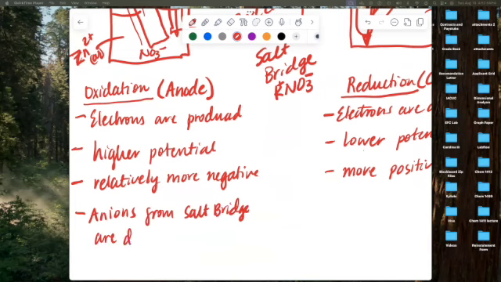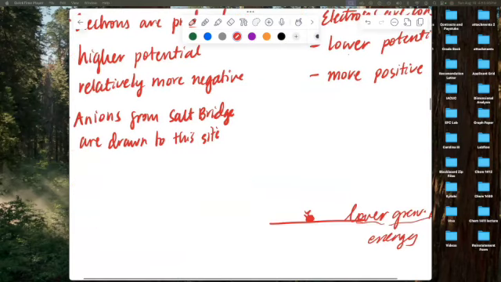are drawn to this site, right? Because they're replacing electrons.